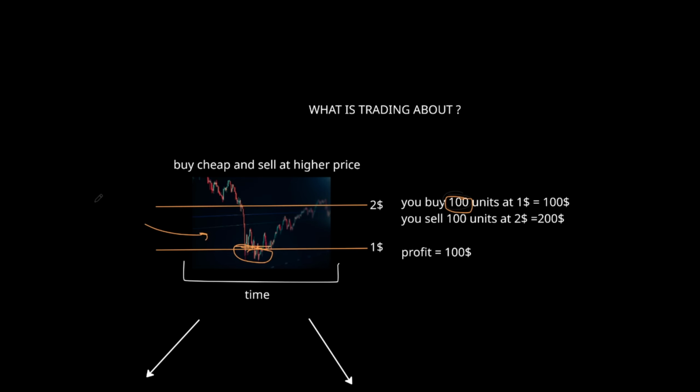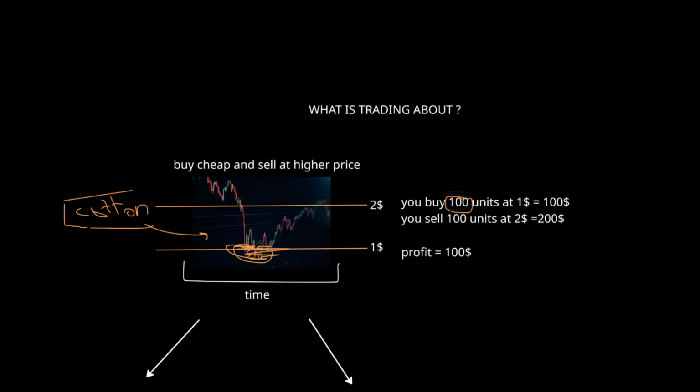It could be, let's say, cotton, like you go to a market and you buy cotton, or wheat, or, say, something stupid, eggs. So you buy 100 units for $1. Each egg is $1 and you buy 100.